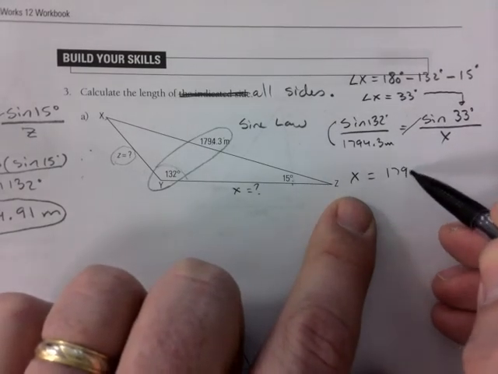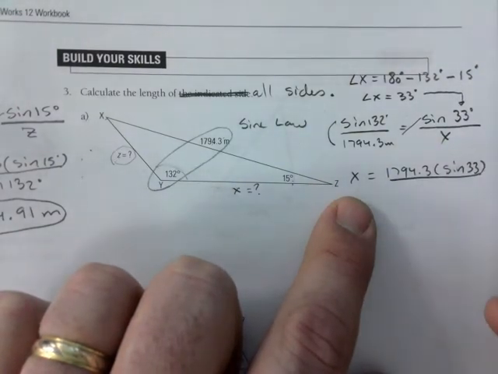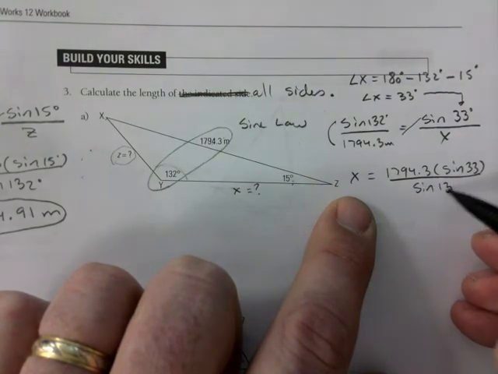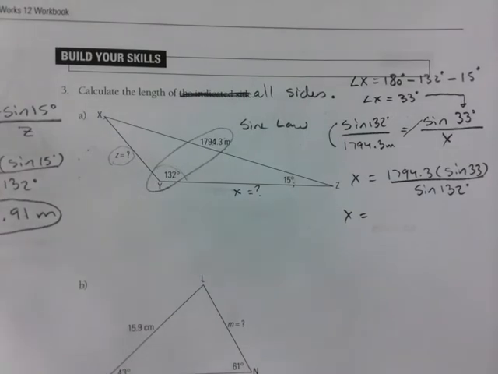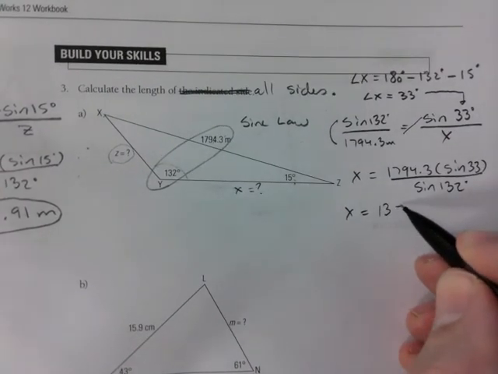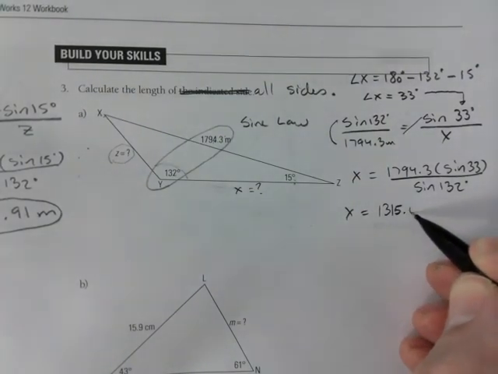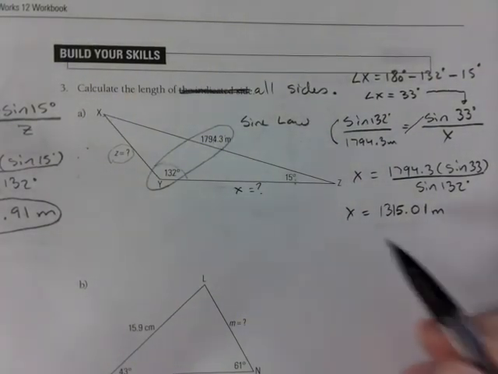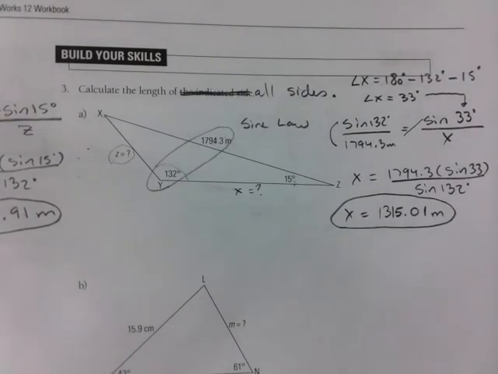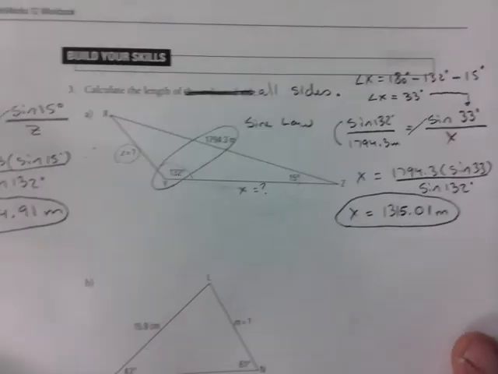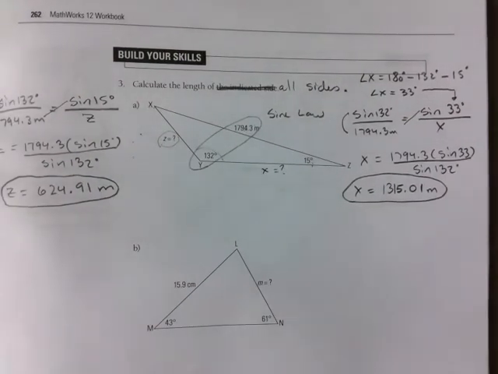So that's 1794.3 times sine of 33 divided by sine of 132. So that's 1315.01 meters. We are in meters, so whatever units are present, that's what you use. So those are the two that were given there.